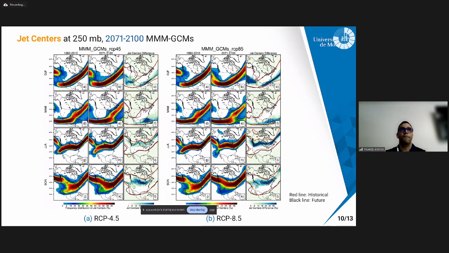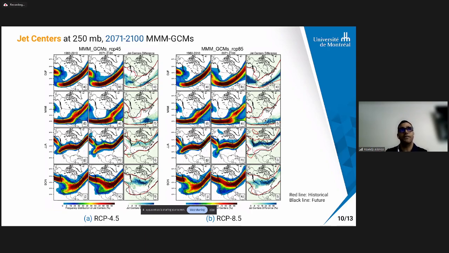So for the ensemble of the same driver models for this RCM5, we have the four members that we make an ensemble with these globals.